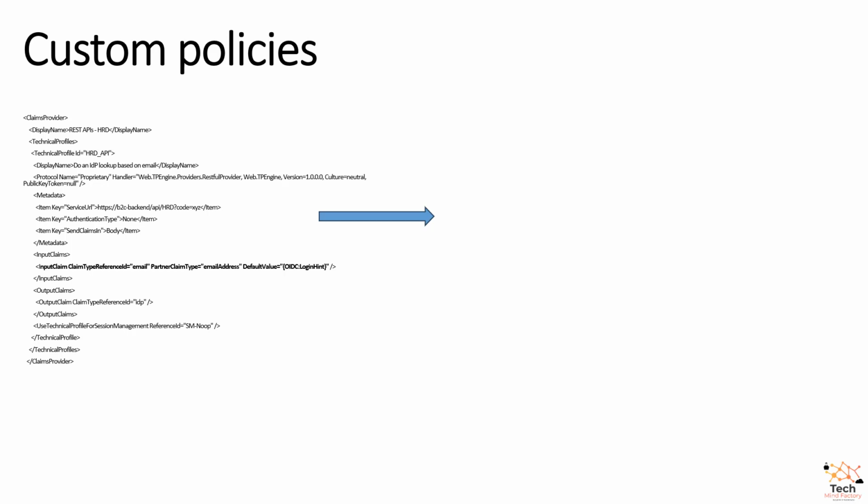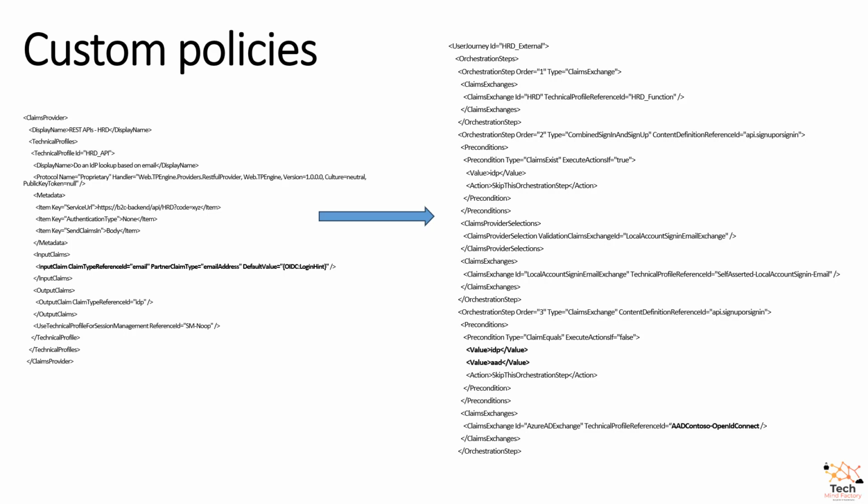So here is the REST technical profile. As we can see here, we will call the HRD API. We will pass email as a parameter, and as an output claim, we will get information about the IDP name. So the output claim is IDP. Once we have this response from the HRD API, we have different orchestration steps in the user journey.